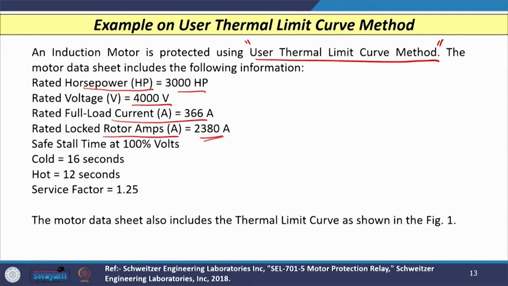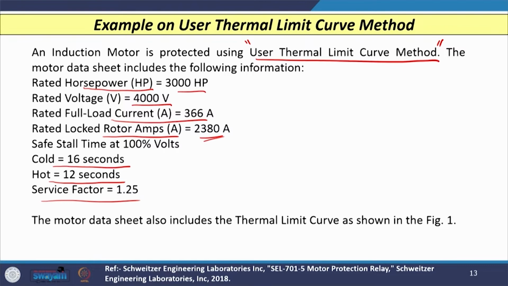Safe stalling time at 100% voltage available at the terminal of the motor, when the motor is in cold condition, is 16 seconds, and when the motor is in hot condition it is 12 seconds. The service factor is given as 1.25.